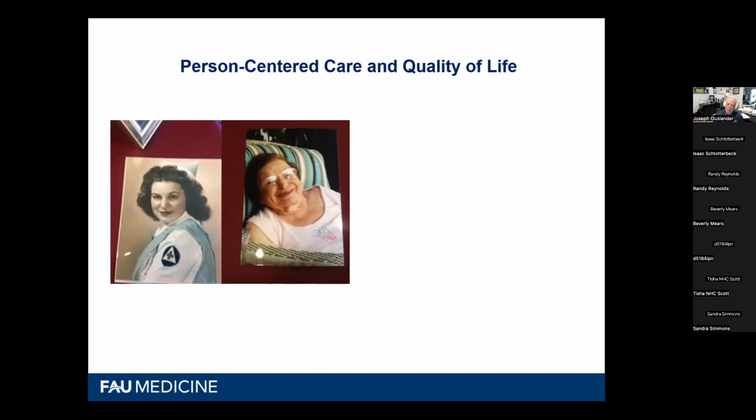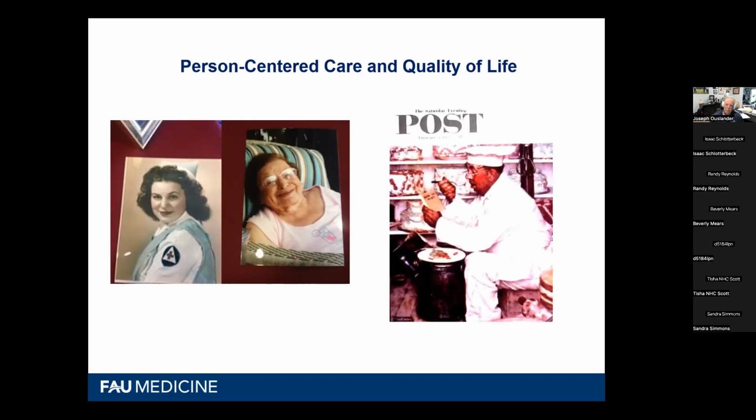And she became an LPN and worked as an LPN until she was 90 when she had a stroke. And the picture on the right is her sitting on my back porch in Florida, watching the golf course, very happy. And we took her to the beauty parlor every week or two.